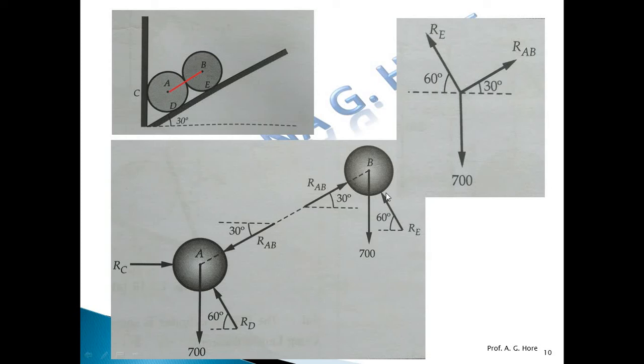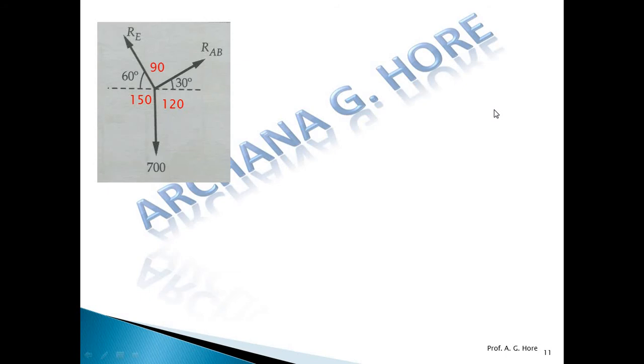Now this is the second quadrant force, this is the first quadrant force. So draw all these away from the joint and find out the angles between these forces. Okay, and apply Lami's theorem. Likewise, this is 90 degree, 120 and 150. Now by Lami's theorem we get the equation RAB divided by sine 150, RE divided by sine 120 and 700 divided by sine 90.